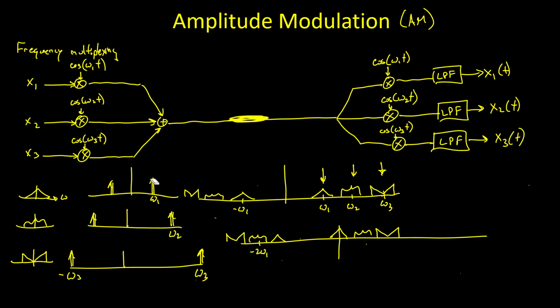When it's convolved by the right guy, this will be doubled. These three are these three, and then these right ones will be pushed off still further. And then when we low pass, we recover our x1. And the same type of operation will occur to recover our x2 and our x3.